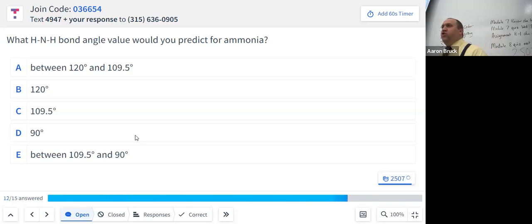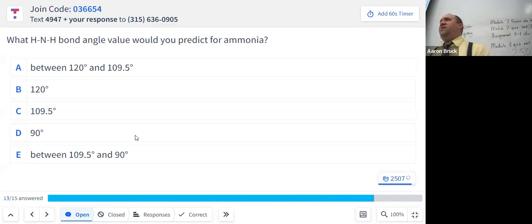Right, so you should have been possibly torn between 2 different answers, letter C and letter E. Letter C is the typical bond angle for tetrahedral, 109.5 degrees.